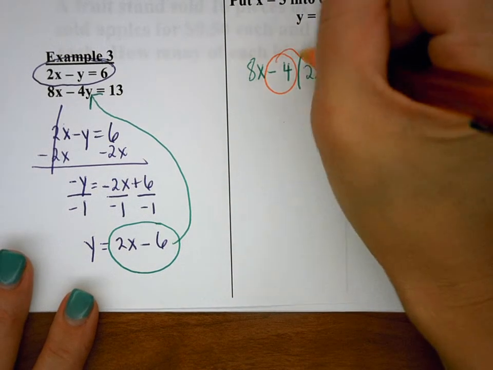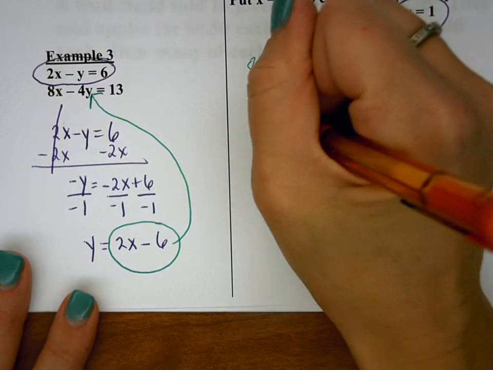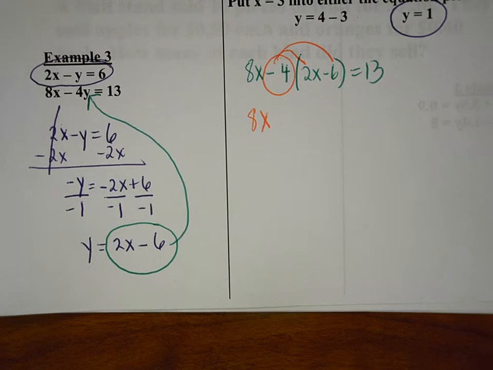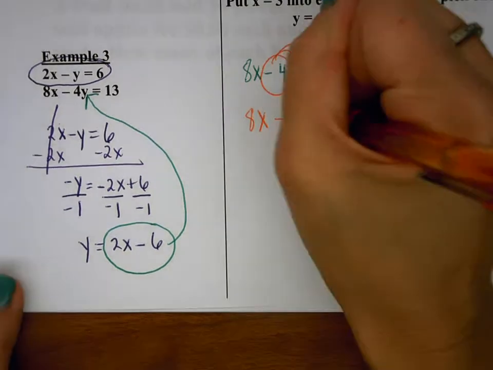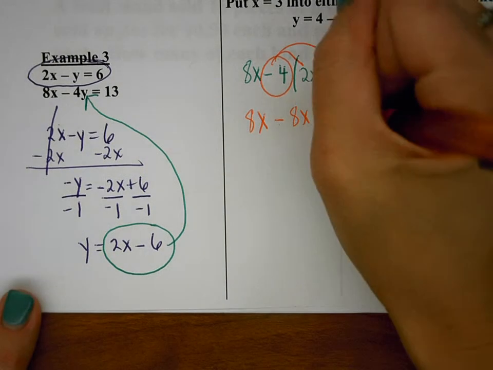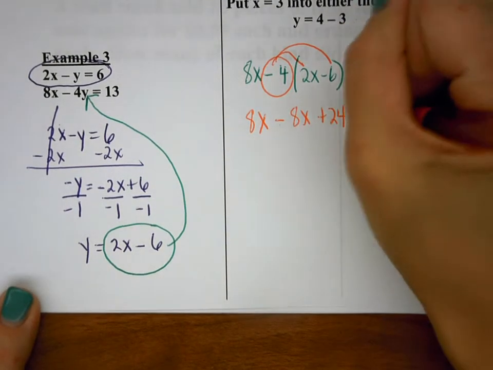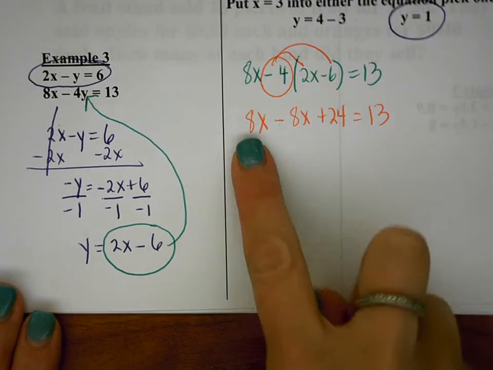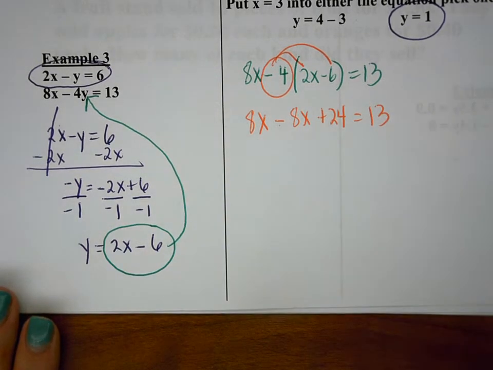We're distributing negative 4 through the parentheses. So I have 8x, negative 4 times 2x is? Good, negative 8x. Negative 4 times negative 6 is? Positive 24 equals 13.